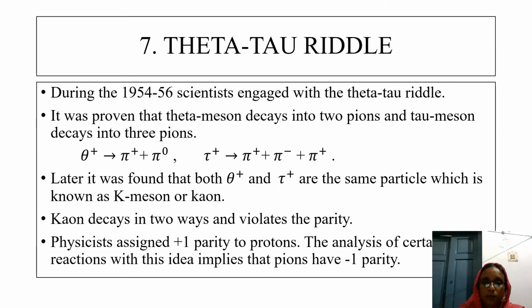Theta plus possesses +1 parity and tau plus possesses -1 parity. But it was found that these two are the same particle, and so there is some problem with the parity of the kaon. That is the riddle or puzzle, the theta tau riddle, because both theta and tau were found to be the same particle, the K meson, but in these reactions they possess two types of parity.